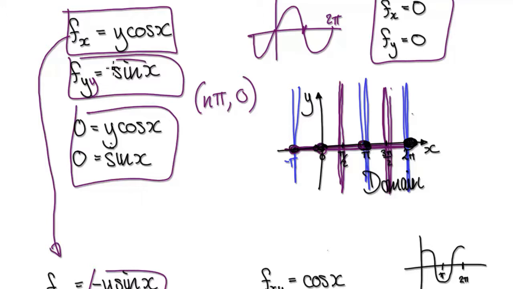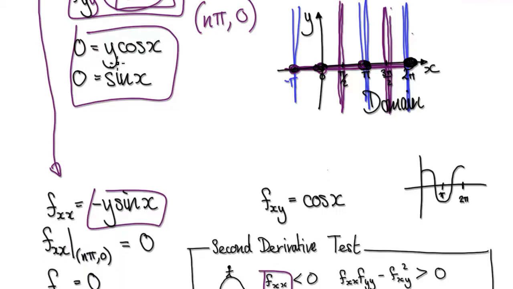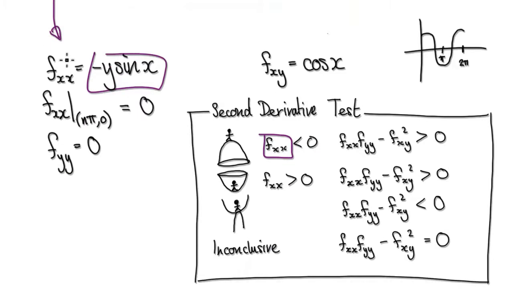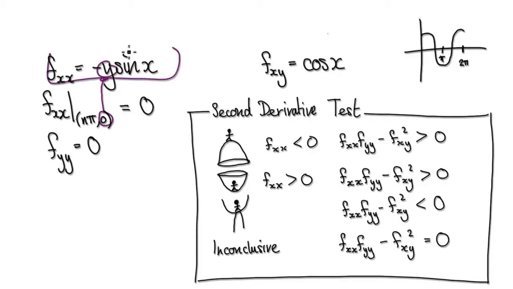When you differentiate this with respect to y, it's going to be 0, because this whole thing is a constant. So fxx equals this, and fyy equals 0. And if you evaluate this at all those points, it equals 0, because when you put y in here, it's going to be 0.